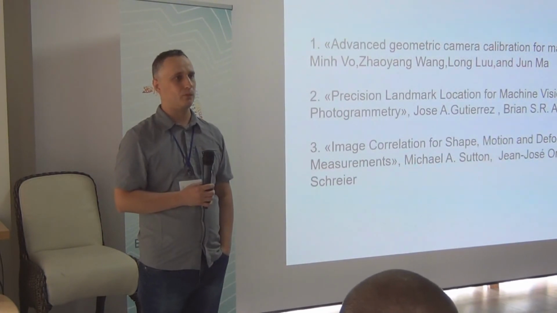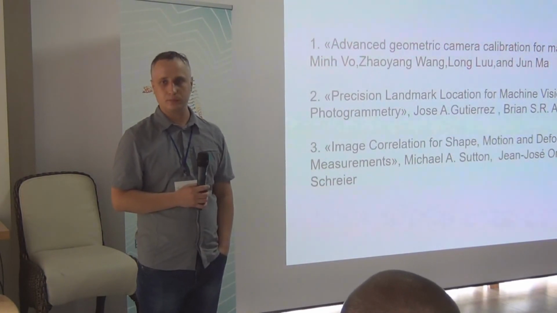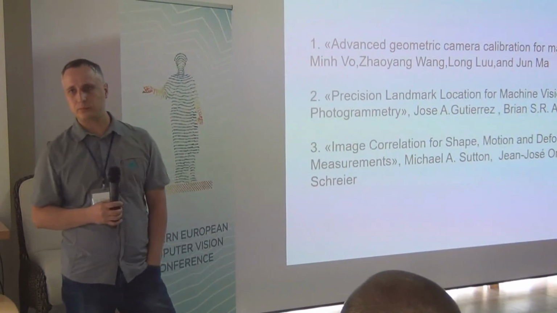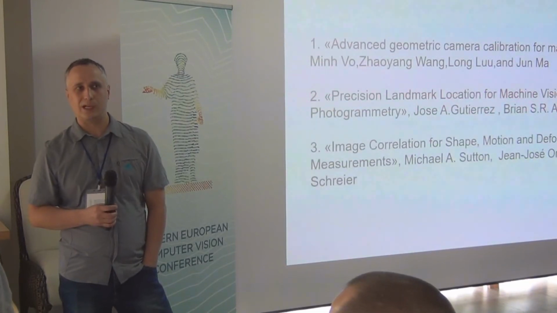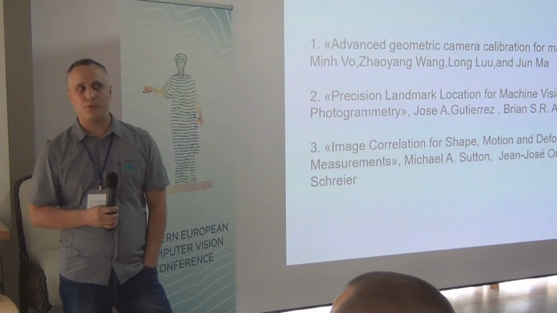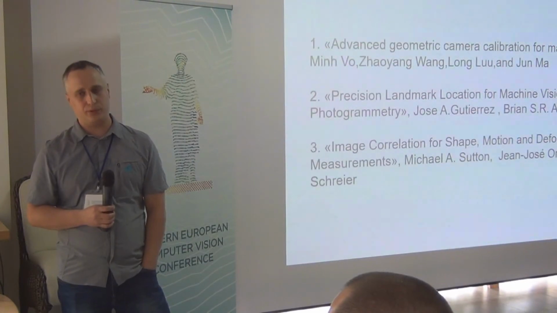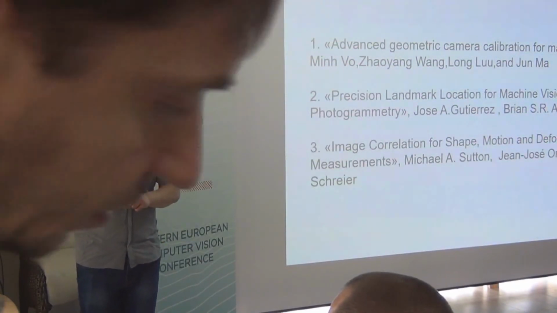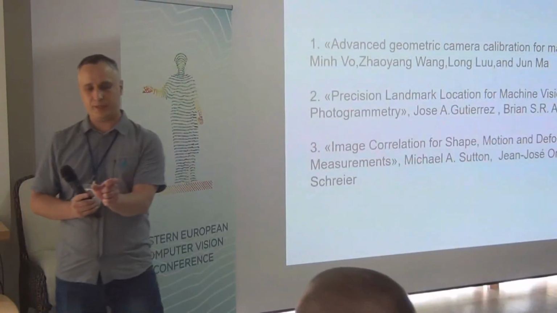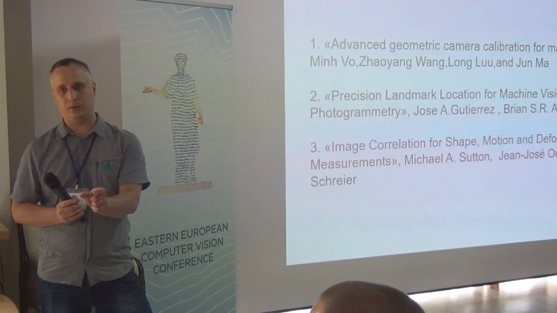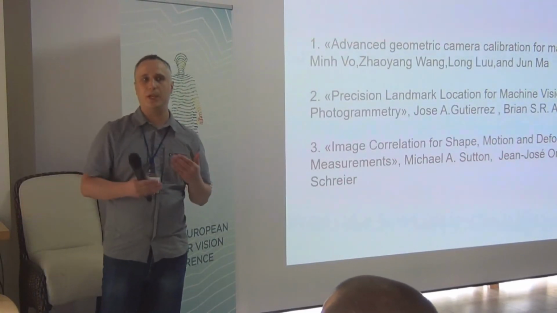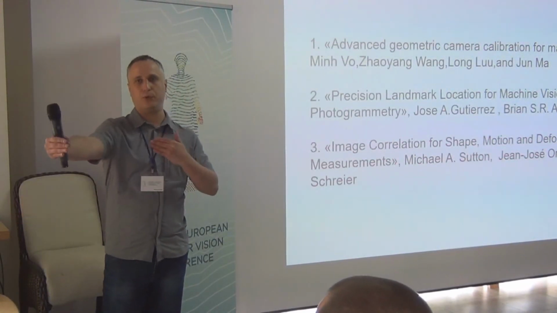You have a question? 1 millipixel accuracy seems very high. Why do you need such accuracy? For example, it's very important for short-range stereo cameras. Short-range stereo cameras have a baseline of about several centimeters, and you want to get maximum accuracy for depth recovery.